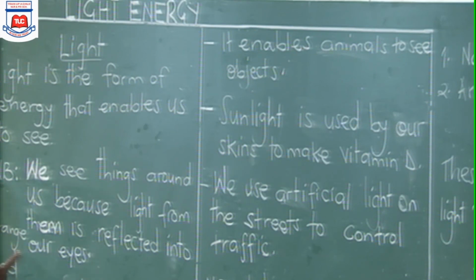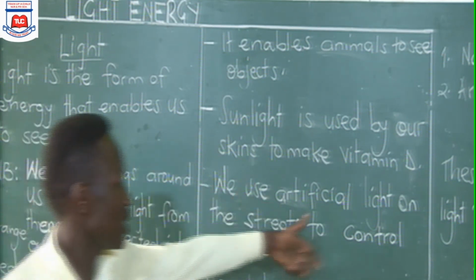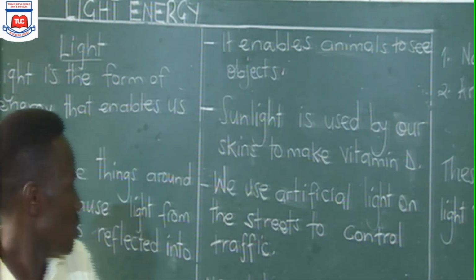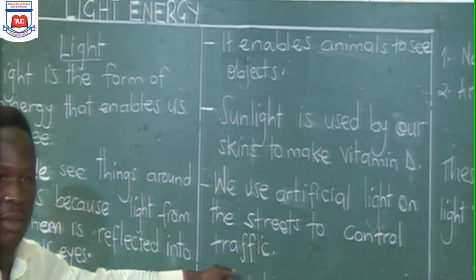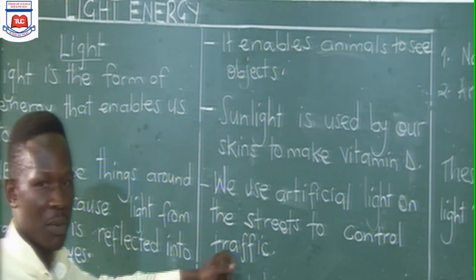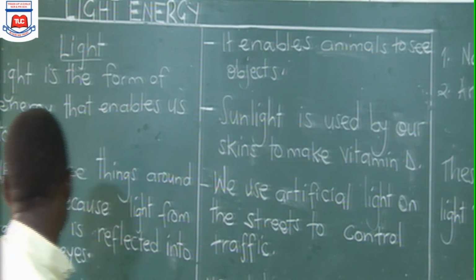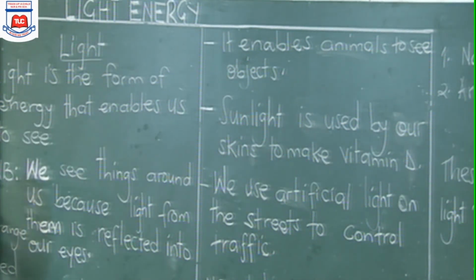We use the artificial light to show these colors to the road users, and the road users will be able to interpret them. As they are in the process of movement, they'll be able to see the orange, the red, and the yellow.